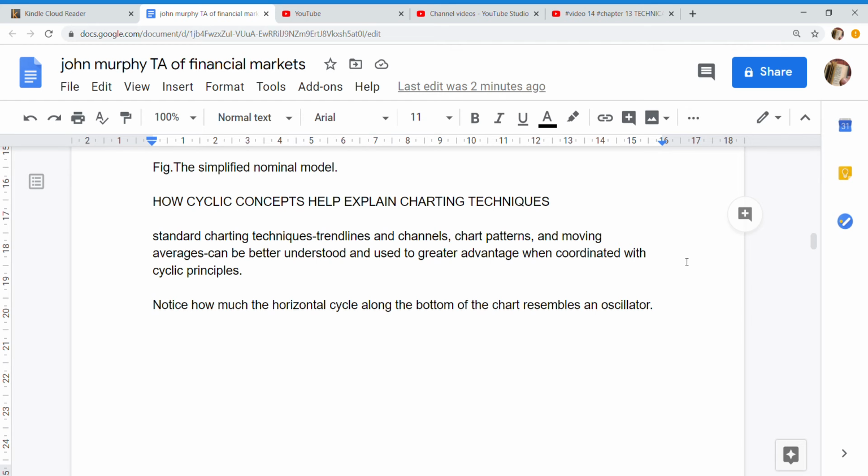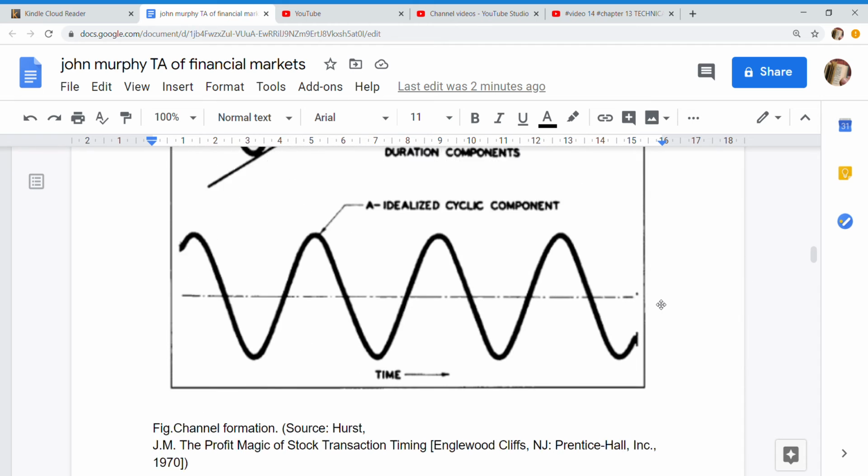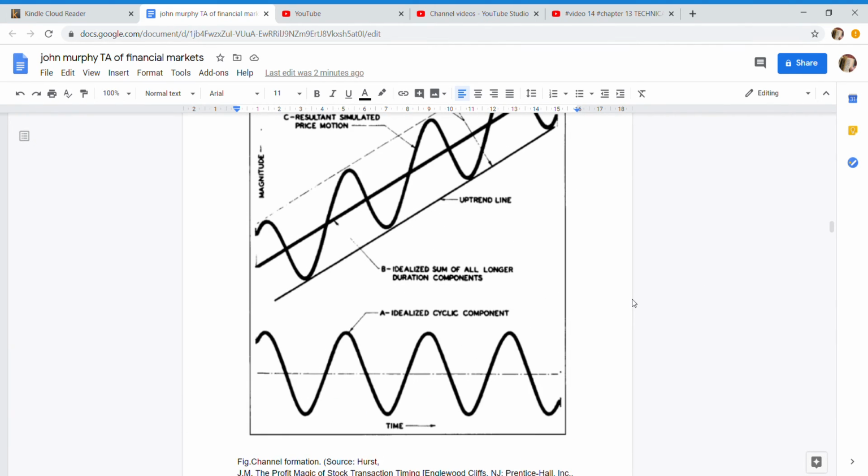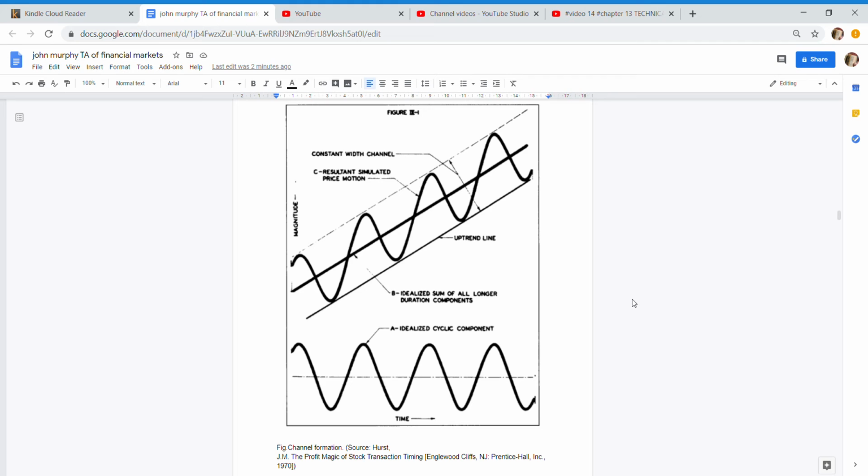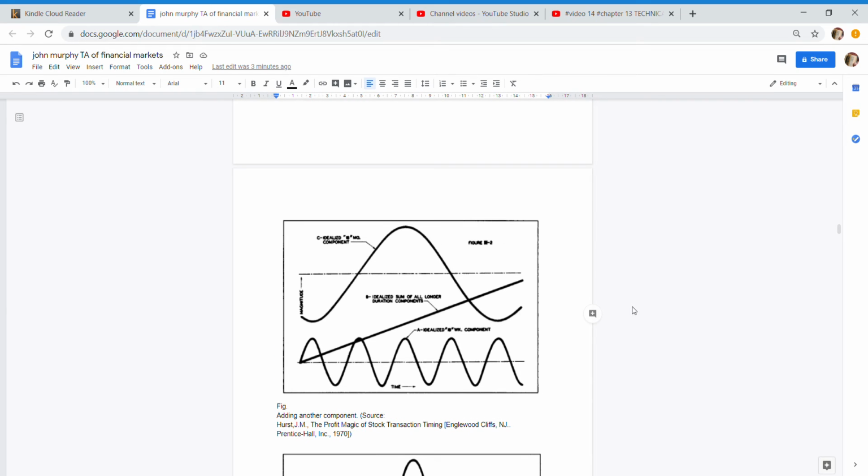Fig. Channel formation. Fig. Adding another component.